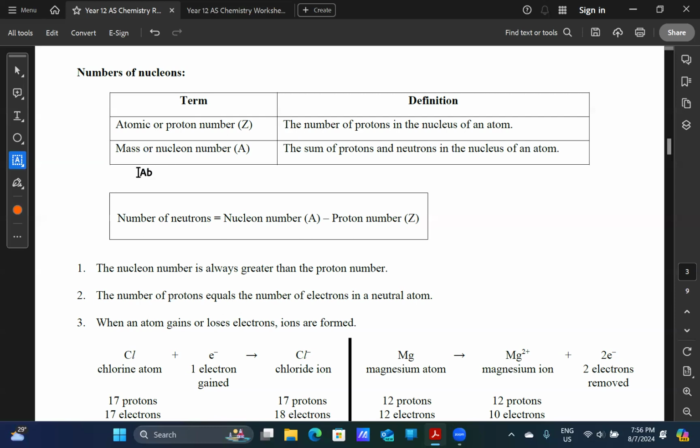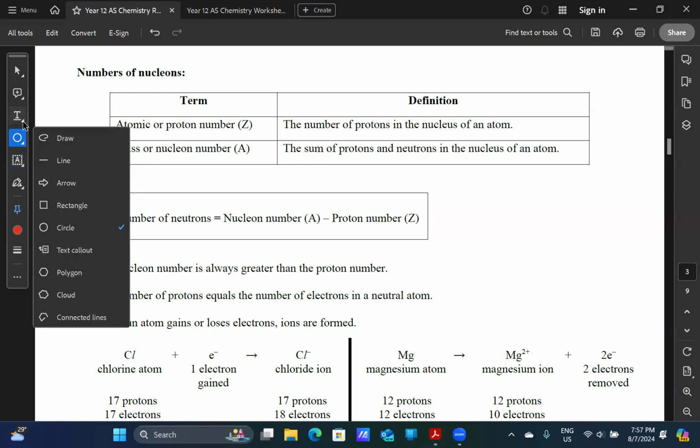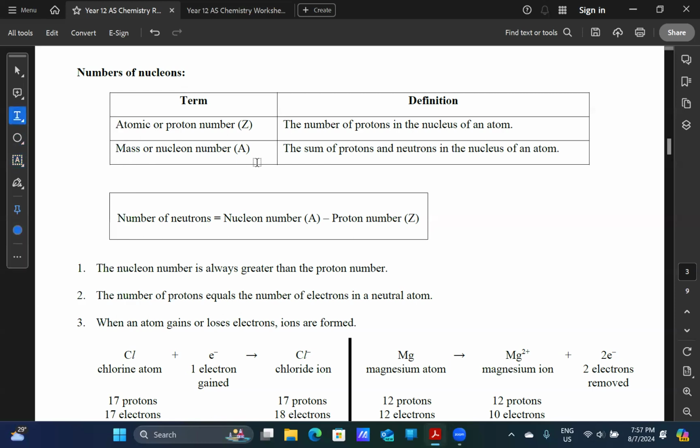Another pair of words is mass number or nucleon number. When you see the word mass number, this number is usually bigger than what? Bigger than the atomic number. And the mass number is the sum. What is the meaning of the word sum?